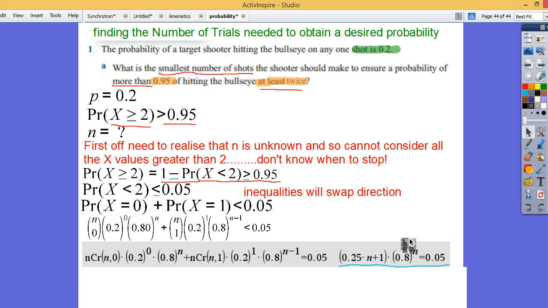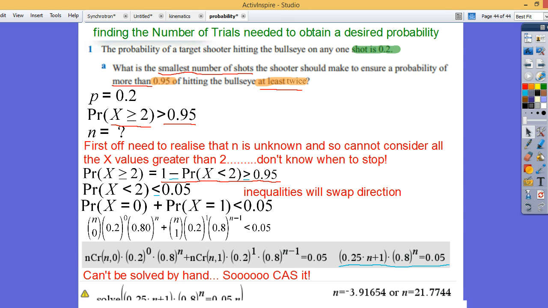Even still, I don't think I can solve that by hand. And in fact, you can't. It's the type of formula that needs to be solved by CAS. So let's CAS it. Plug it in a solve command like this. Solve this equation that's equal to 0.05 for n, and we get that.